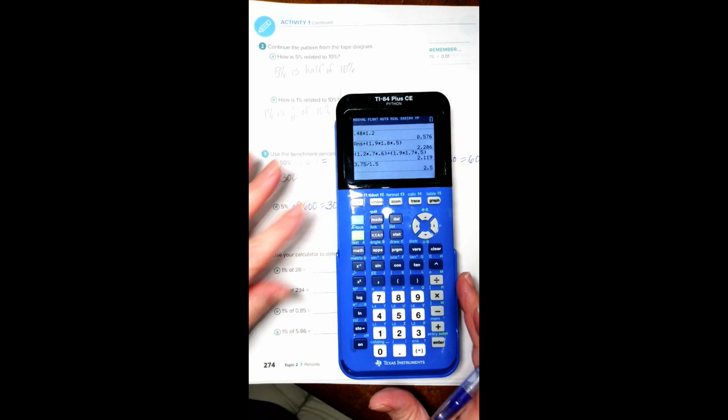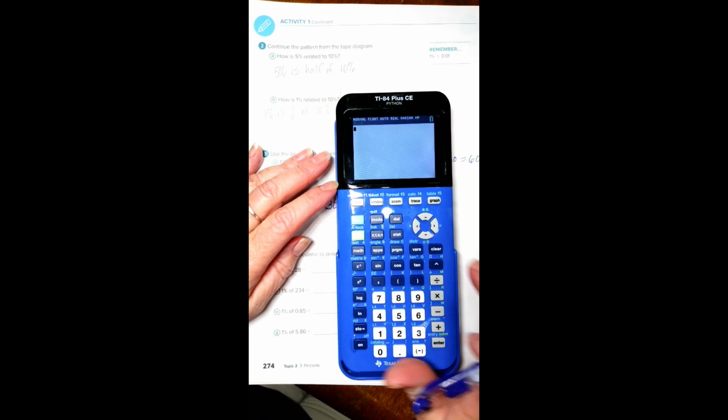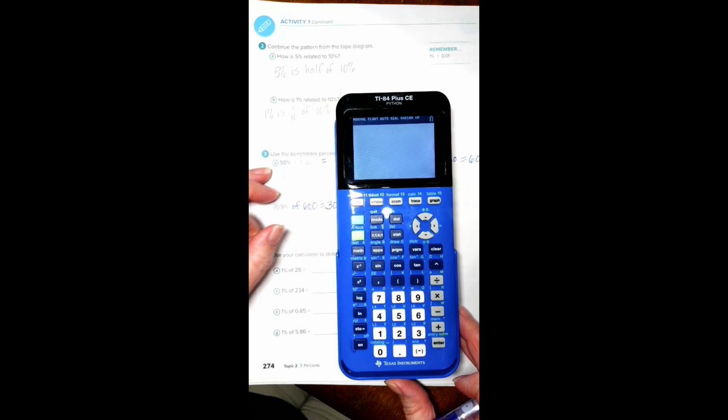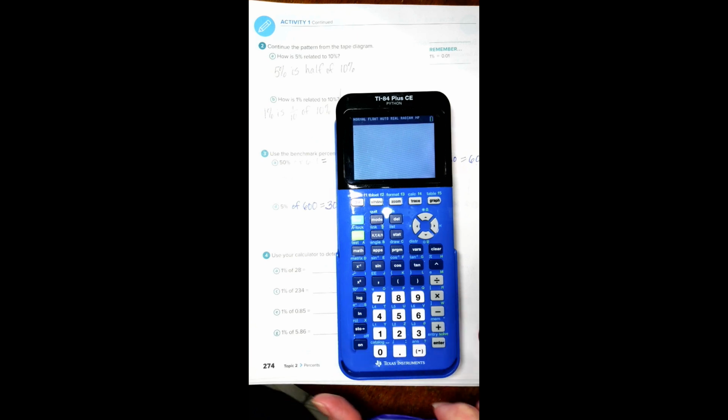Earlier I couldn't see it at all. I still think I'm going to use my phone calculator. I think it's more closely aligned to your school calculator. Okay, we're going to go back to the phone.